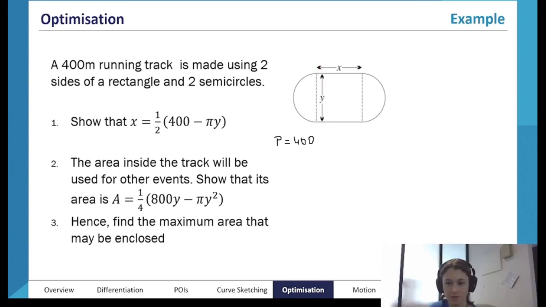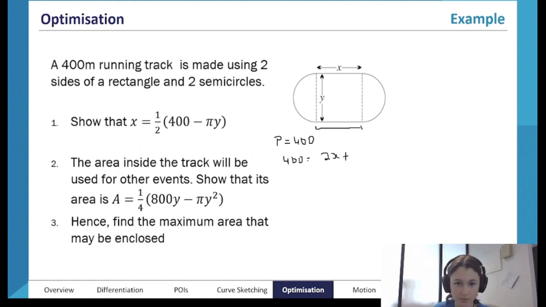So what we can do here is express this in terms of the perimeter. So we are going to have 400 equal to, and we're going to have 2x because we have these two x values here making up our perimeter.